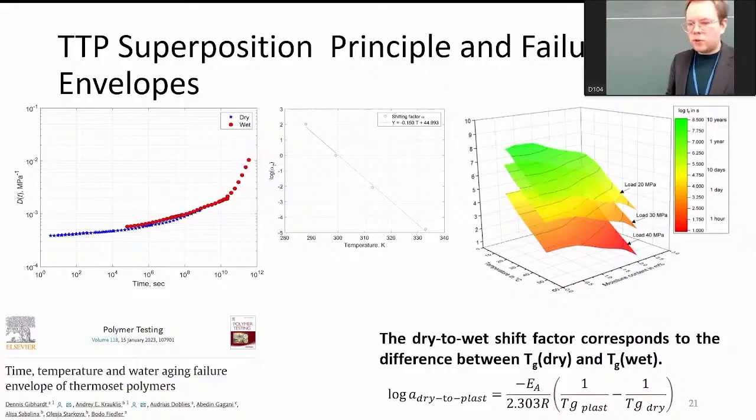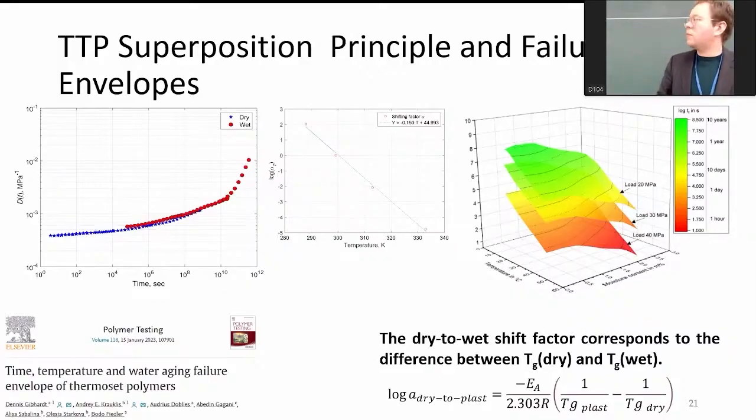Another way to look into the prediction of properties of wet, for example saturated, polymers, and also the effect of temperature, is when we have a viscoelastic effect. For example, we have a material creeping over time.